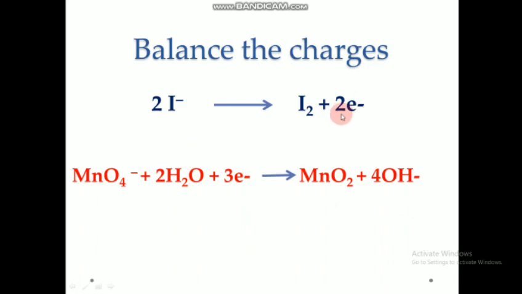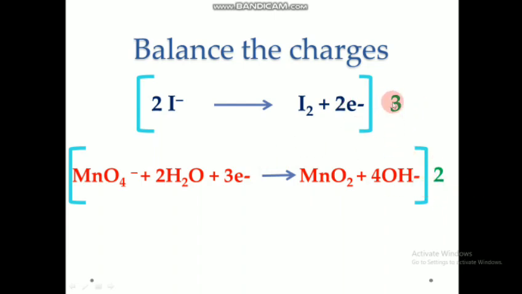If we multiply this with 3 and this with 2, both will become 6 electrons. So we are exchanging and multiplying: 3 here and 2 here.